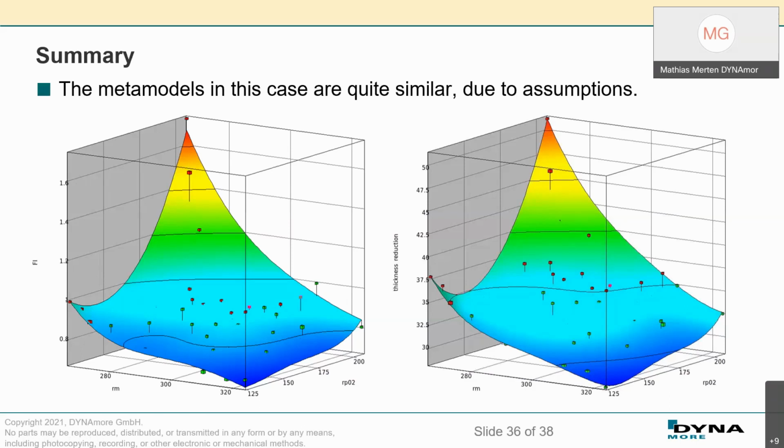If you think about the definitions of both responses, the thickness reduction for a shell formulation is based on the assumption of volume consistency. So it is based on the in-plane principal strains, which makes it more or less a function of the in-plane straining. And the formability index is a function of the equivalent strain, and the equivalent strain is again a function of the principal strains; in the case of shell elements, the third direction is a function of both in-plane strains.